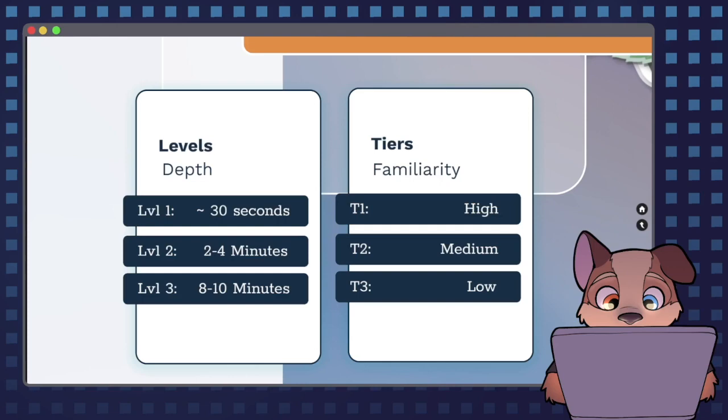So you start with giving this talk, and only people that are really familiar with it, maybe heard it a couple of times, understand what you're saying. Your goal is to move it to a tier 2 talk, where you just need a little bit of familiarity to understand it. And then the ultimate prize here is that tier 3, where even an audience with low familiarity with the problem can understand your talk. All right.